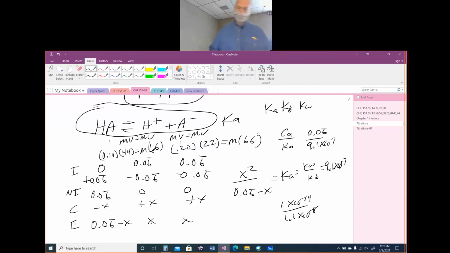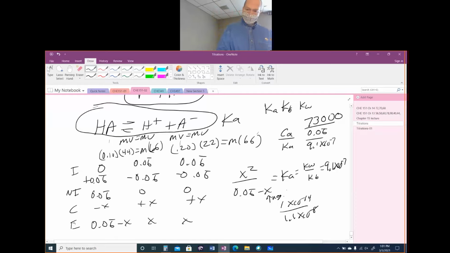That gives us 73,000, which is, of course, greater than 1,000. So you definitely do not need to check your x value. So you neglect your x, and you do not have to check that value.